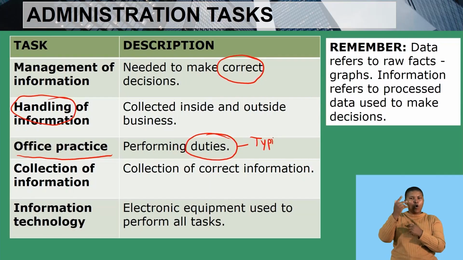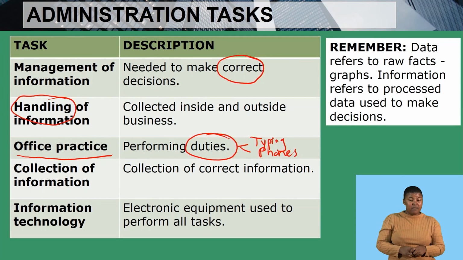Our third task is basic office practice. So that means just performing everyday duties. This can be maybe typing minutes of a meeting. It may be answering the phones. But this is also a major part of administration.